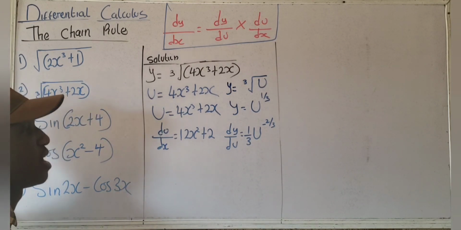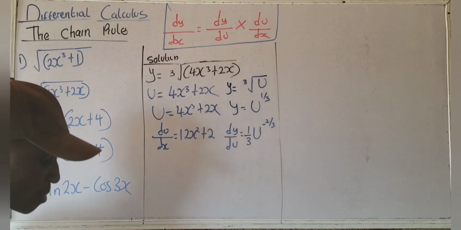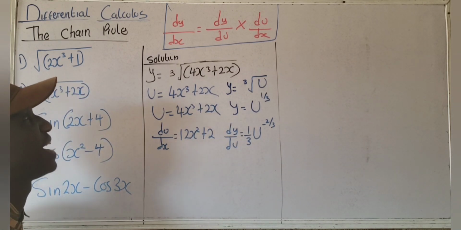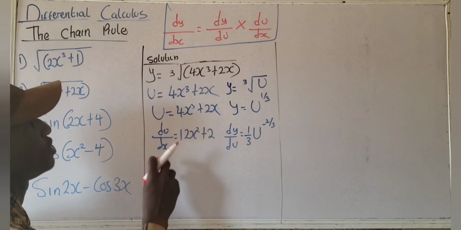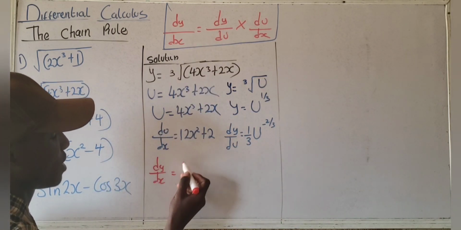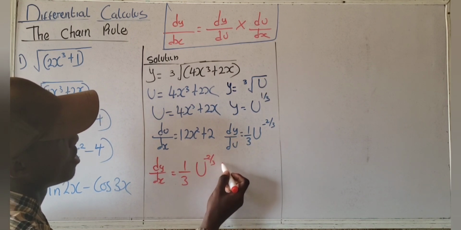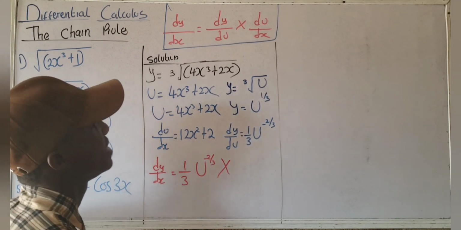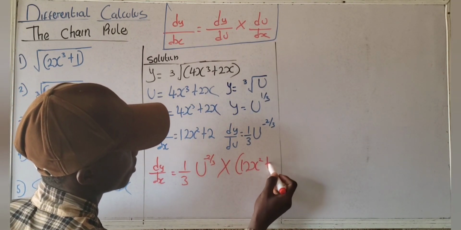Now, having gotten to this point, the next step is to use the formula directly. According to the chain rule formula, dy/dx is equals to dy/du multiplied by du/dx. dy/du is 1 over 3 multiplied by u raised to the power of negative 2 over 3, multiplied by du/dx, which is 12x squared plus 2.